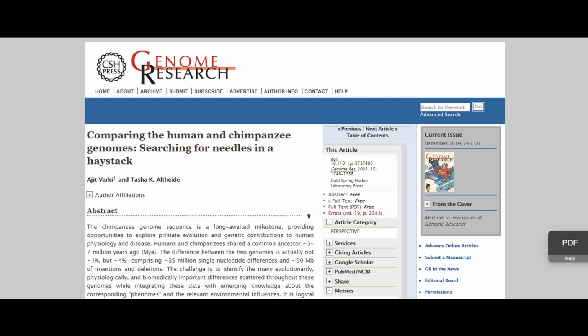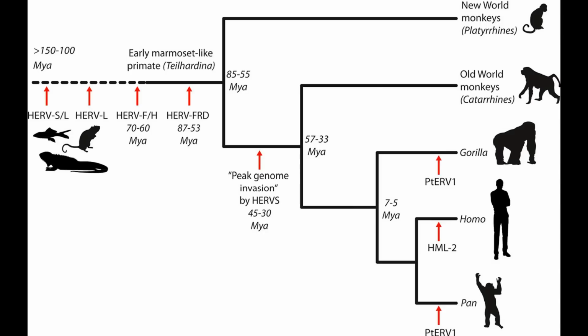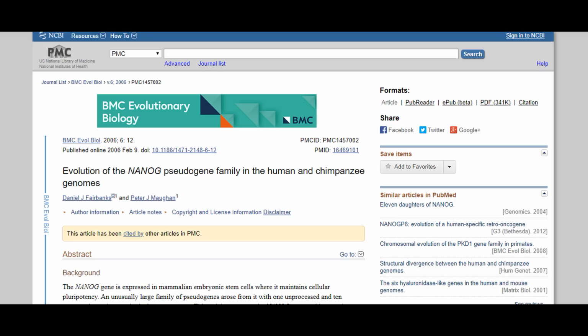Though important in phylogeny, the exact degree of similarity isn't specifically what demonstrates common ancestry between us. It's the shared genetic changes that must have happened in a common ancestor. A good example are ERVs and the nanog processed pseudogene family, which are unique insertions in the genome. If two organisms share the same insertions, that insertion must have happened in the genome of a common ancestor.